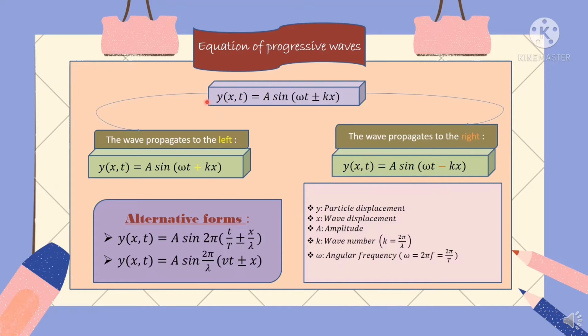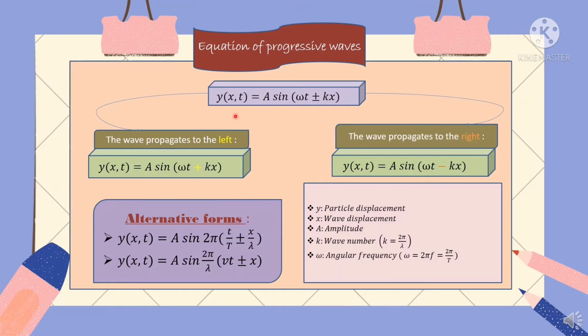This is the equation of progressive waves, y in bracket x, comma t equal to A sine in bracket omega t plus minus kx, where y is particle displacement, x is wave displacement, A is amplitude of the wave, k is wave number, and omega is angular frequency.